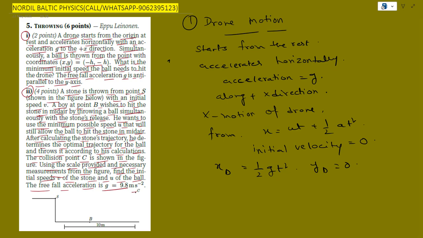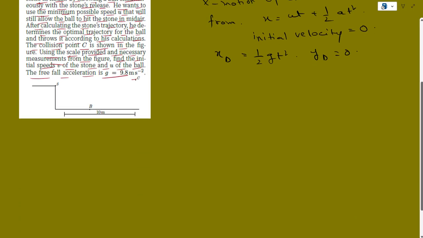Now, the drone is very disciplined. It says, I move only horizontally, vertical motion is beneath me. Very proud machine, right? Now, second is the ball motion.